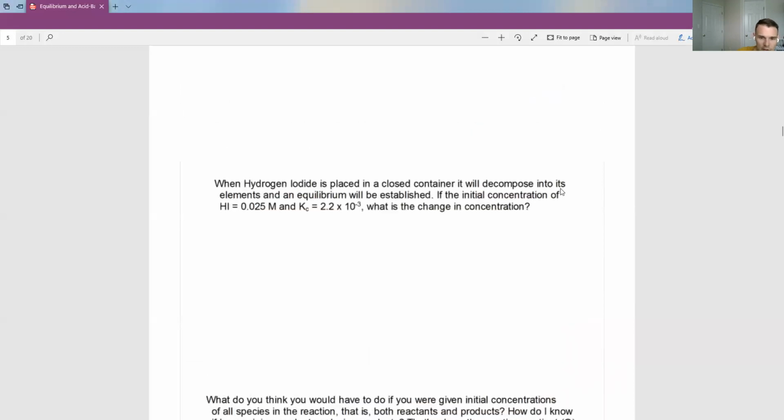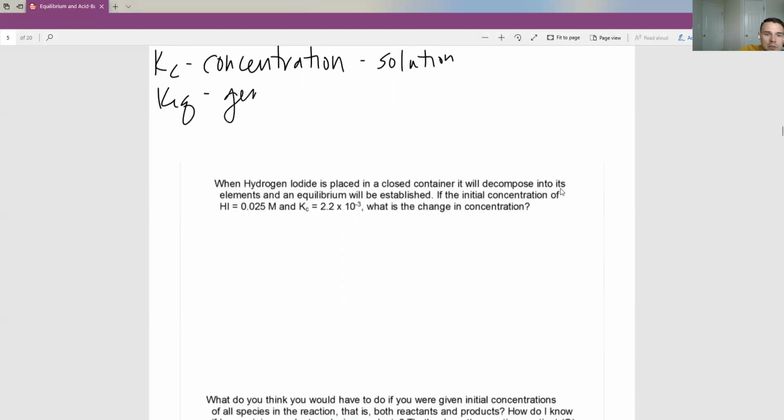Okay, first off, a little bit different. It's giving me a Kc. Kc, the C is for concentration, which just specifically tells you that you're in a solution, whereas KEQ is just a general term. You can also have a KP, which you probably could guess would be for pressure.